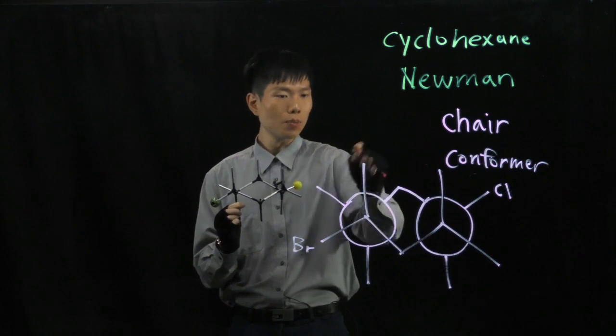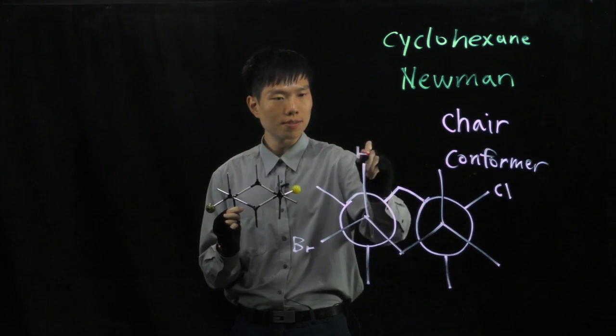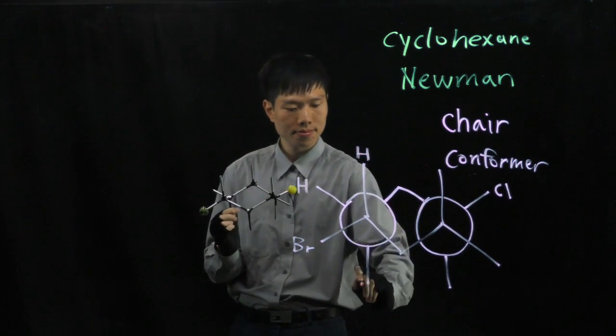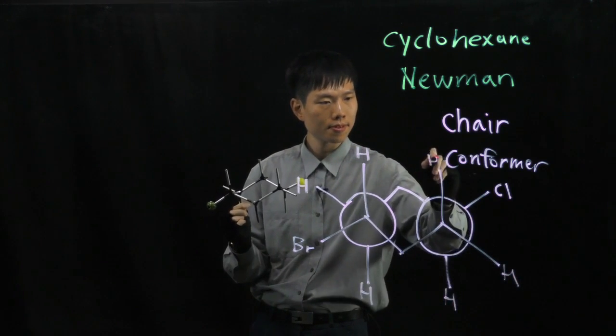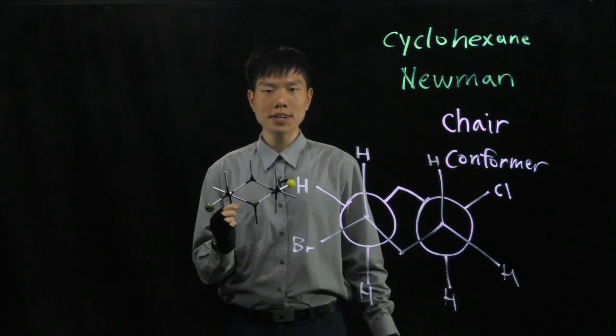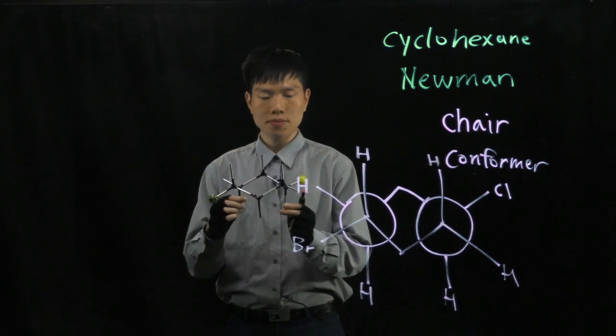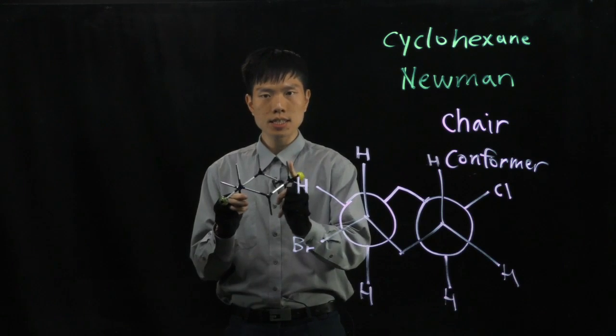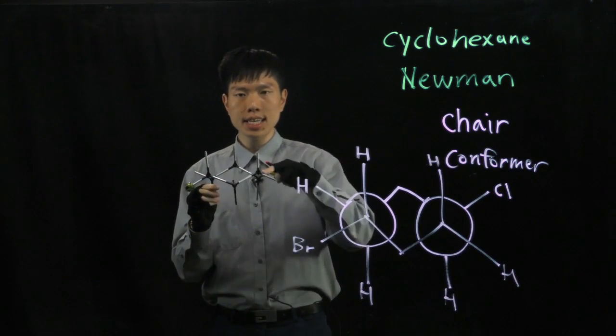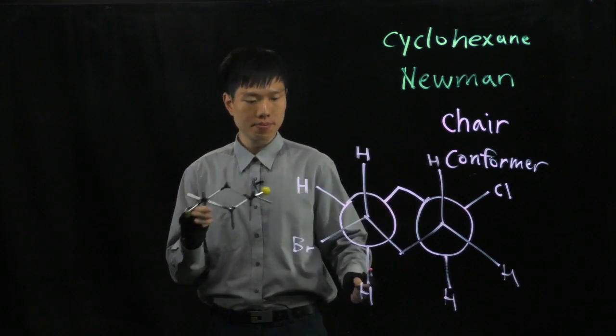For the rest of these bonds, we will just put hydrogen. So next, where are the axial and equatorial positions in this picture?